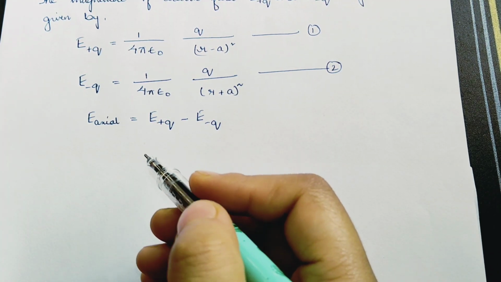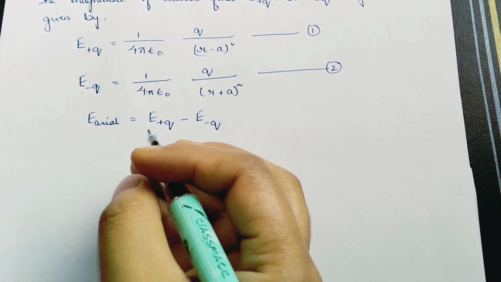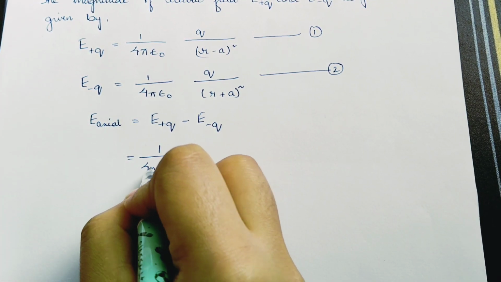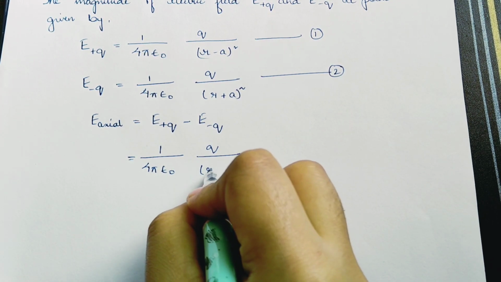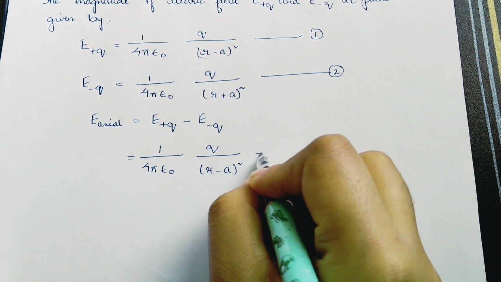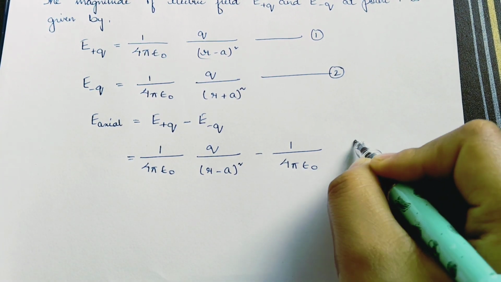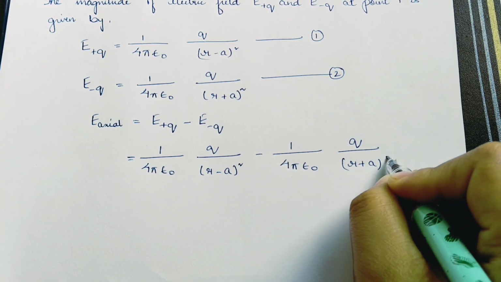So now we will substitute the values of E plus q and E minus q in this equation, which will give us 1 by 4 pi epsilon naught q divided by (r minus a) squared, minus 1 by 4 pi epsilon naught q divided by (r plus a) squared.